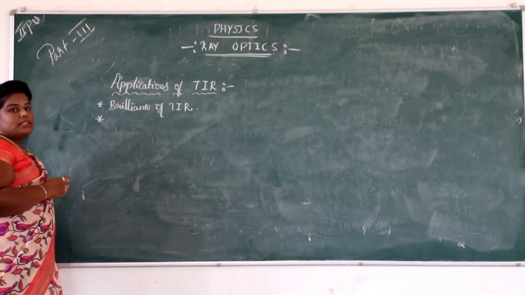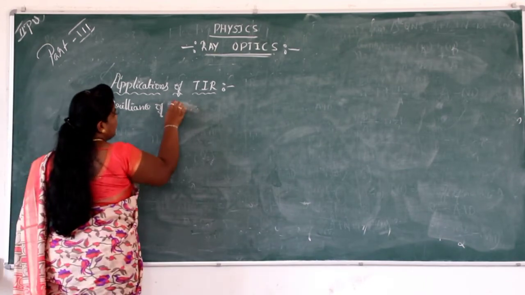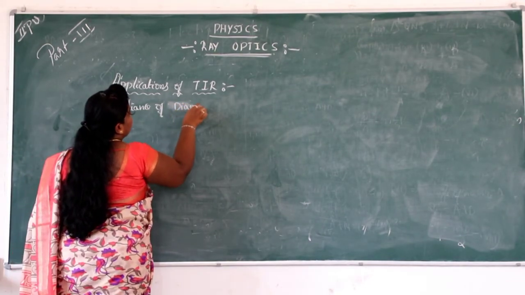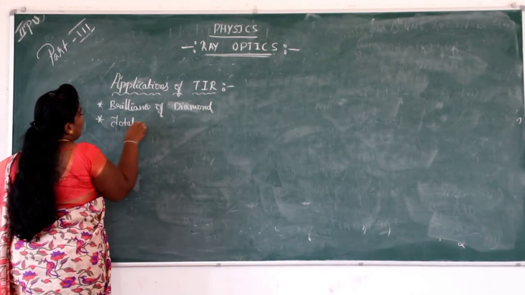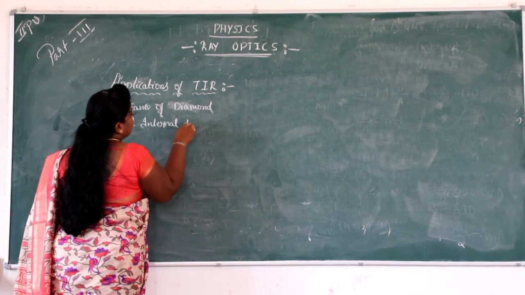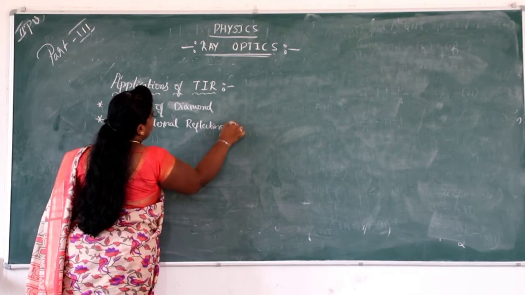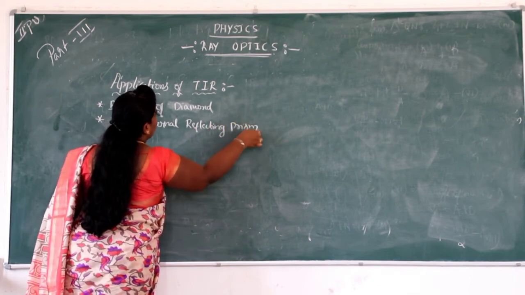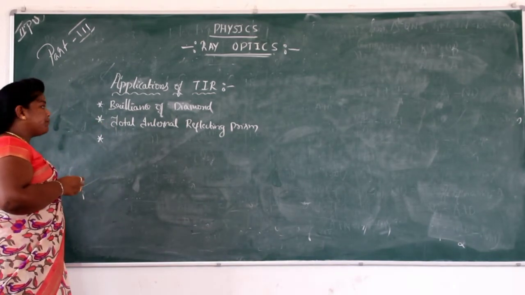And with this, you can even move towards total internal reflecting prisms. These are also one of the best applications of total internal reflection.